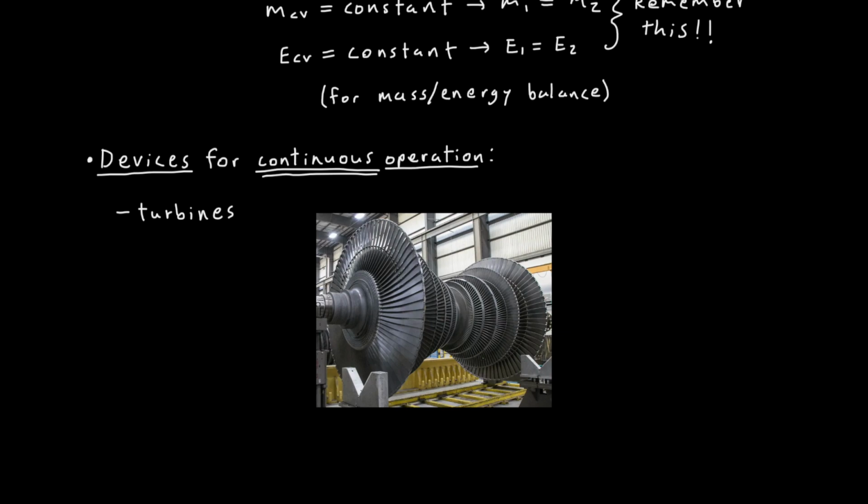And essentially, turbines are used to convert kinetic energy, usually from a fast moving fluid that flows through the turbine, into mechanical energy in order to spin a motor that generates electricity and/or to simply output work.